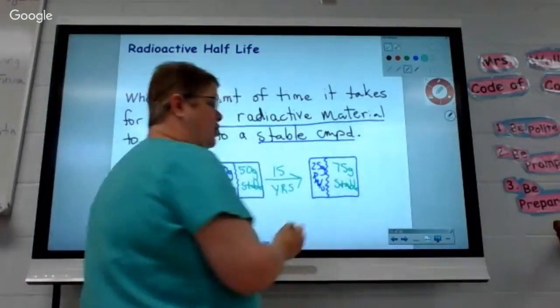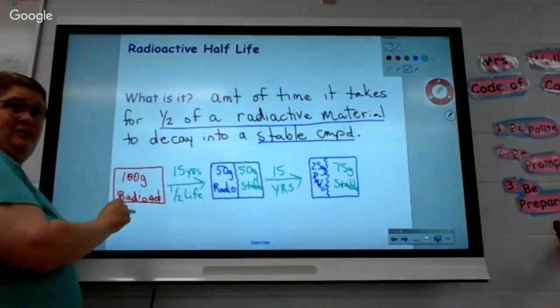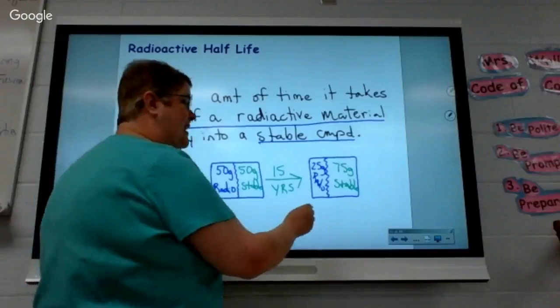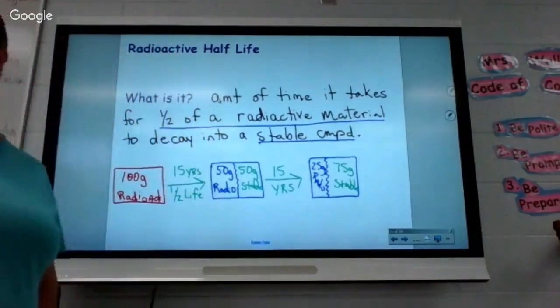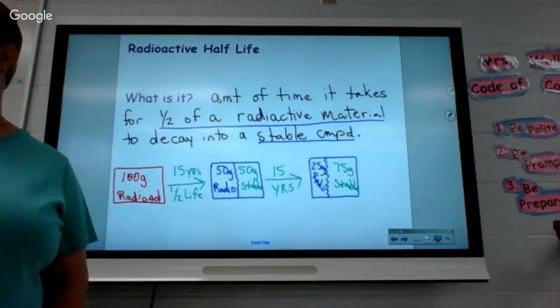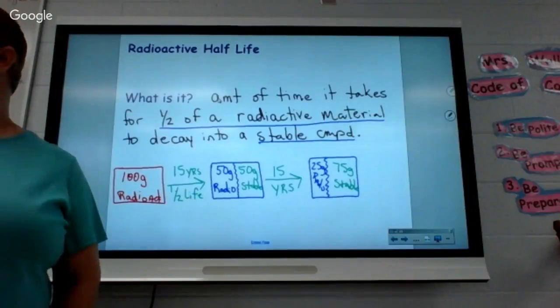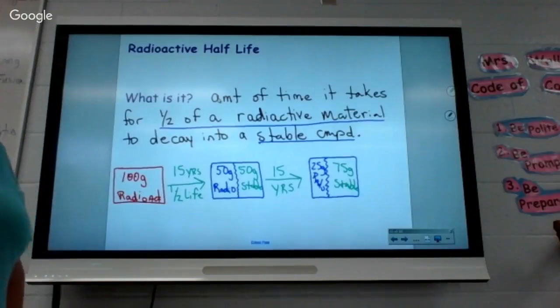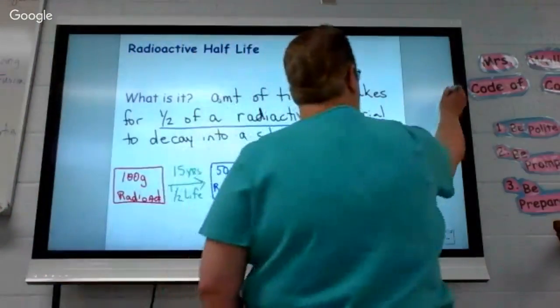Because remember, I started with how much? 100. So as this stuff decays, I always have how much? 100. It never changes. The law of conservation of mass says matter is not created or destroyed. So if I start with 100, I keep 100. It doesn't go away.